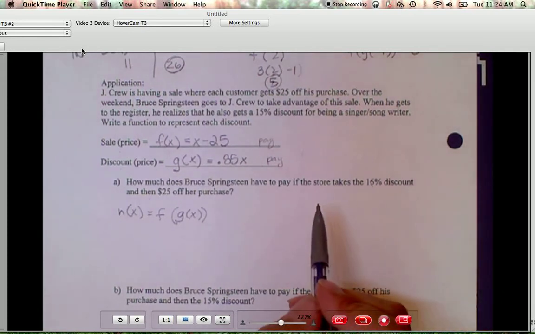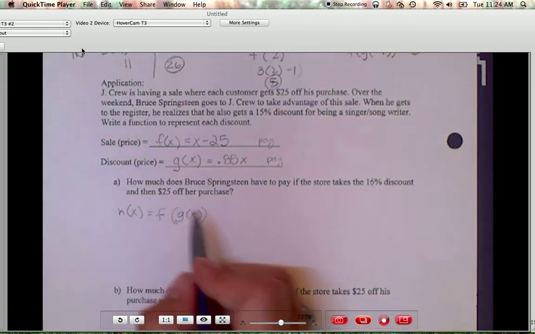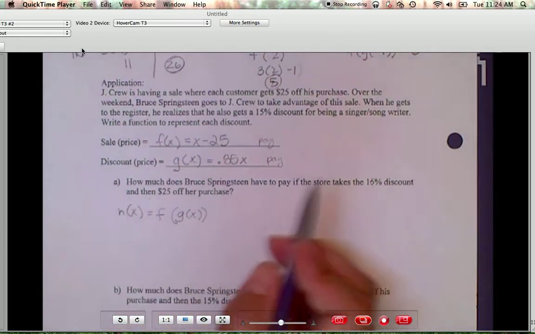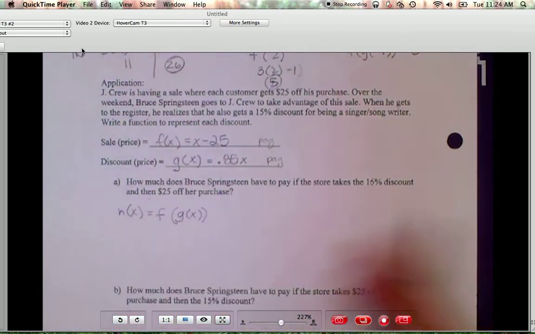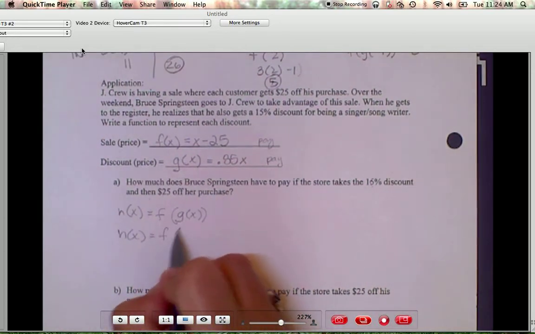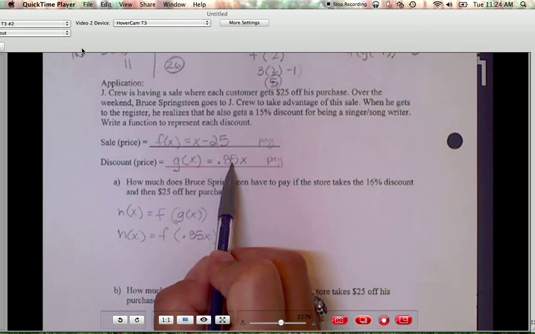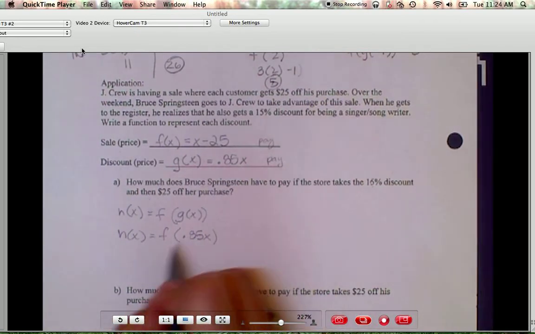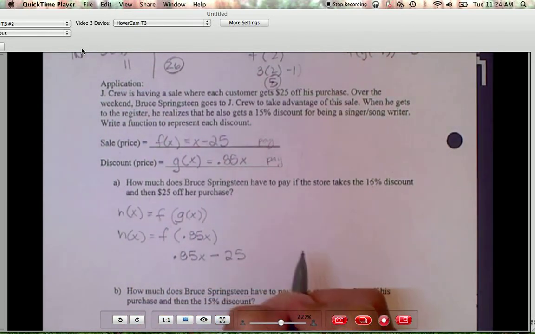So if we were to write an expression for this, because we don't actually know how much the purchase was, what we can do is plug in what we do know. G of x is 0.85x. All right? And then f of that would be 0.85x minus 25.